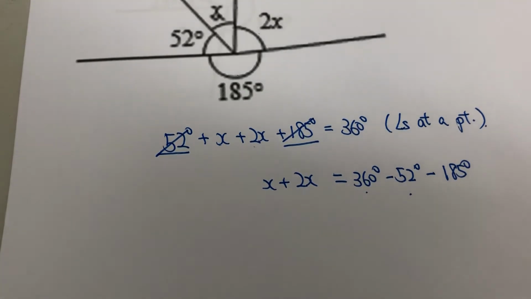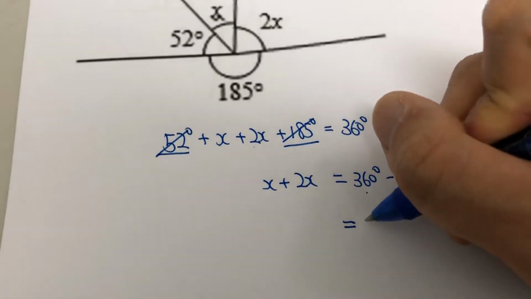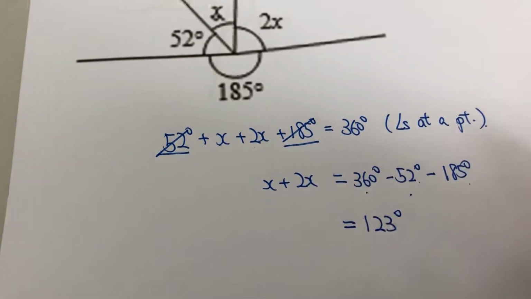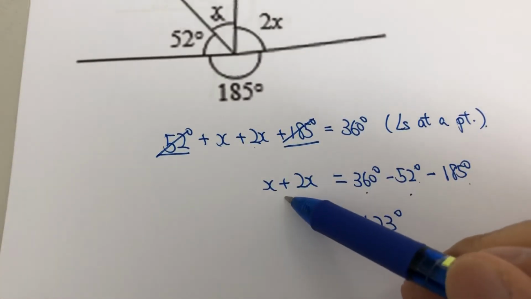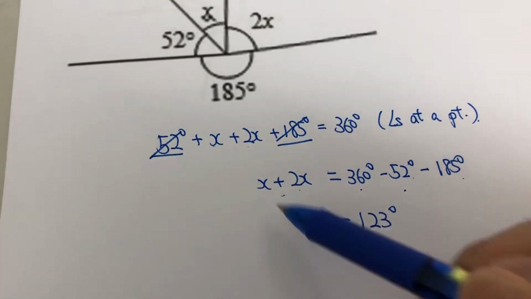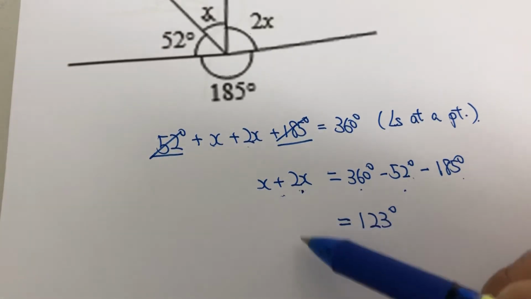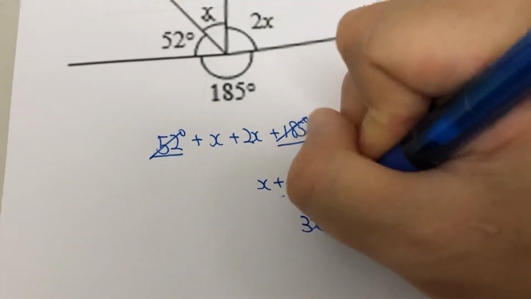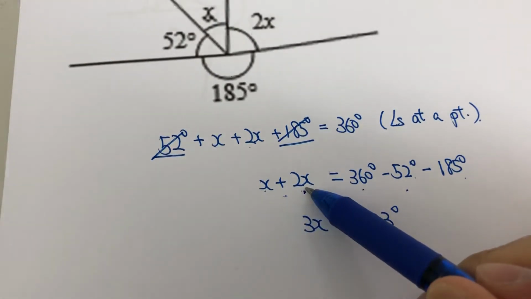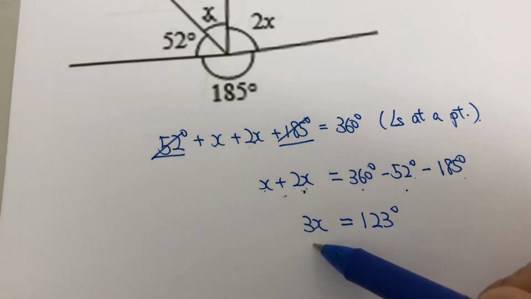Please use your calculator, it becomes 123 degrees. Then what about the left hand side? Do you think that we could combine them? X plus 2x? 1 apple plus 2 apples becomes 3 apples. Yes, it becomes 3x. They are like terms. As long as they have the same variable, they are like terms.